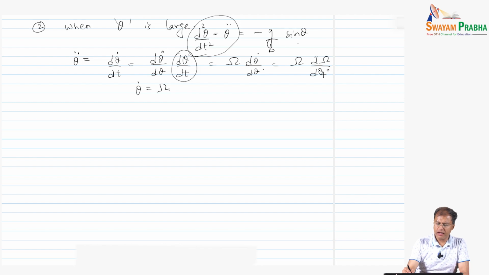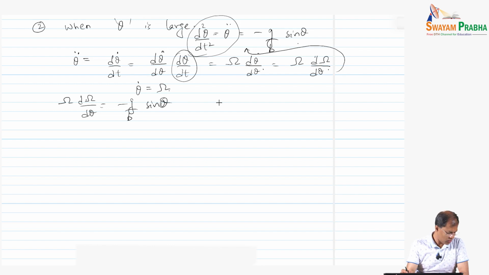So we plug it here, and we see that my equation of motion is omega times d omega d theta is minus g by b sine theta, and then we can quickly integrate, use my initial condition, and arrive at the final equation of motion, that omega square by 2 is g by b cos theta.